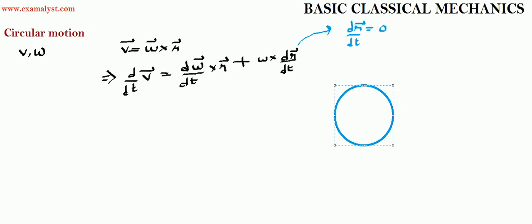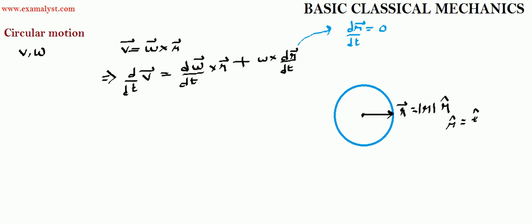Look at this carefully. Even though the magnitude of the radius is constant with time, so if this is the radius, this is r. When I write r vector, what do I mean? I mean it is made up of some magnitude of r and the r cap. Here the direction of r cap is exactly towards the east. Agreed?